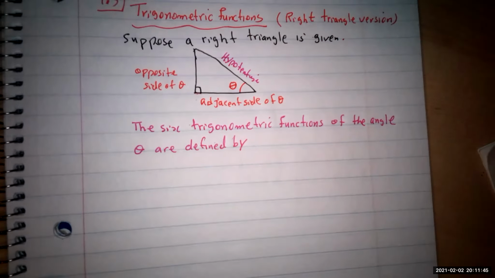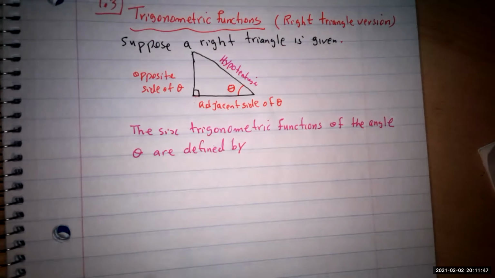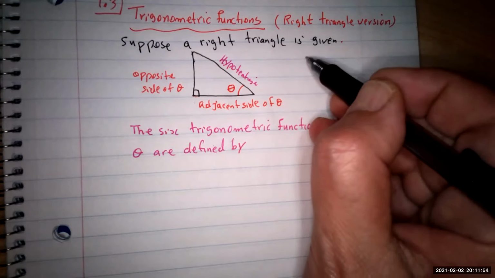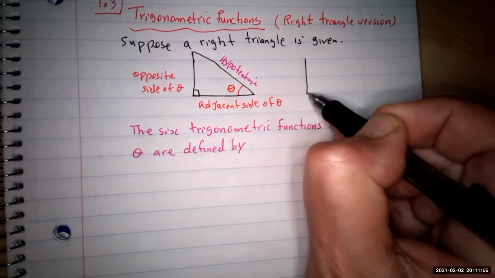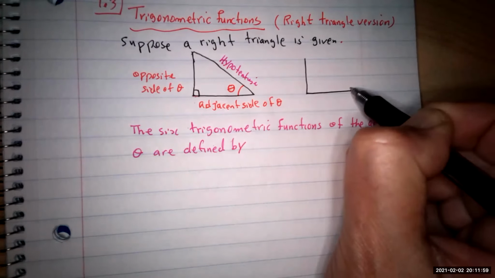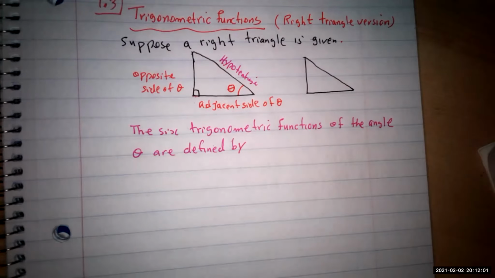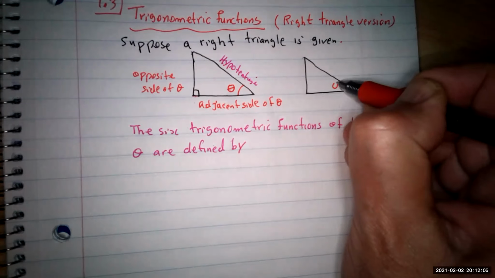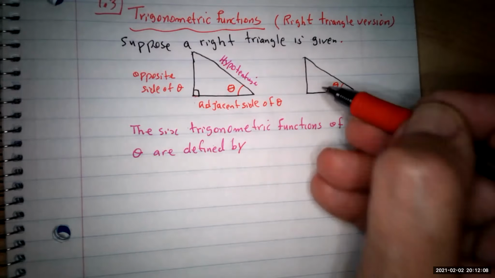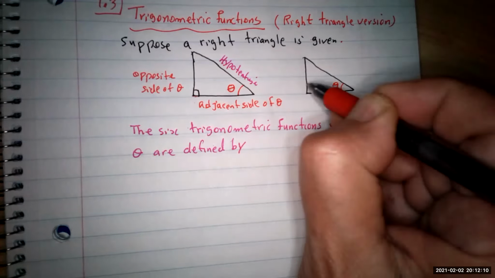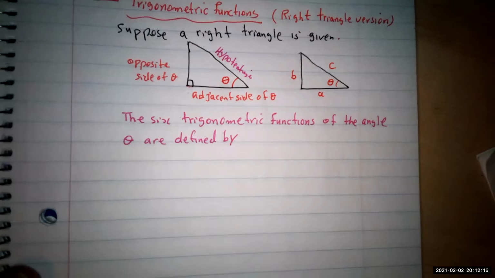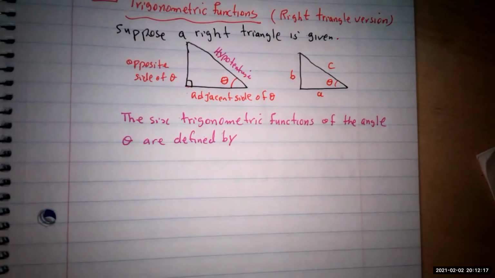I can do this with opposite and adjacent, or I give you another version so that I give you all of them together. Let's take this one into a different format, the symbolic form. This is theta. It doesn't matter whether I call this one A, B, and C. It's the same thing. I give you those in word form and symbolic form.